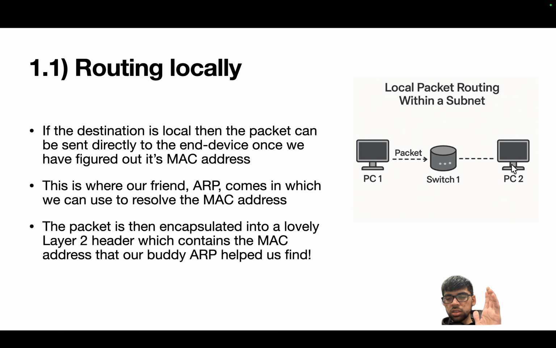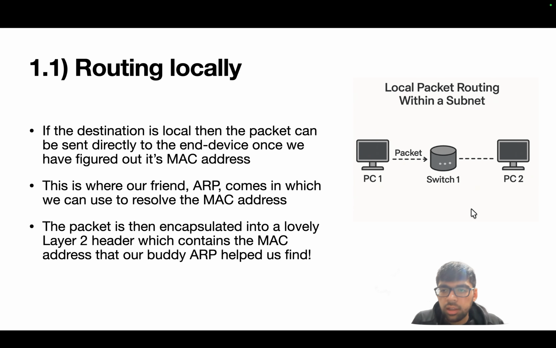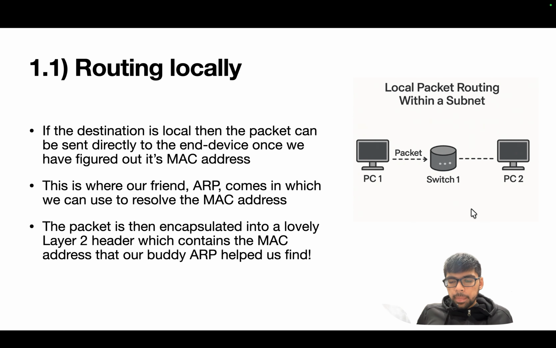It sends a broadcast out, which is basically like shouting in human language, "Hey PC2, where are you, and what is your MAC address?" It's looking for the host that has the IP address, so rather than actually saying PC2, it's going to be shouting the IP address of PC2.